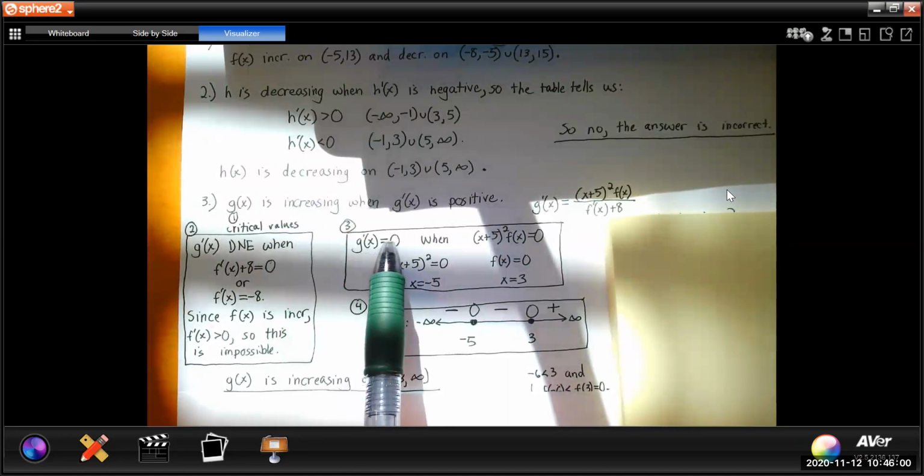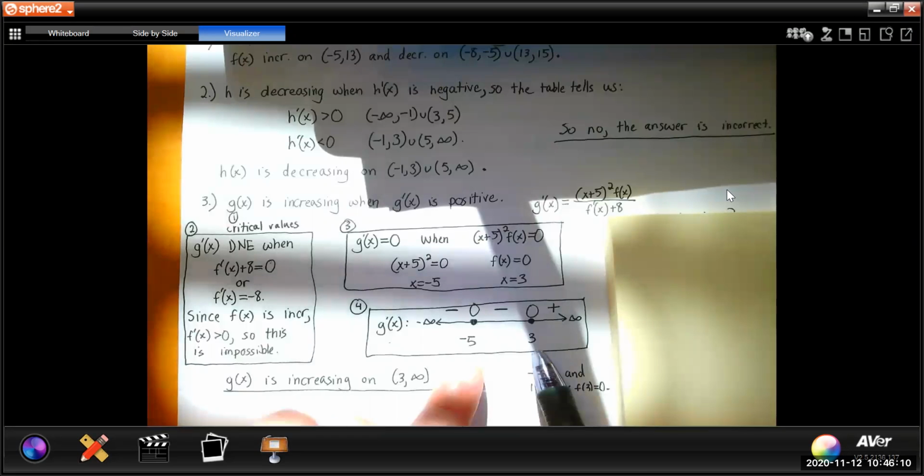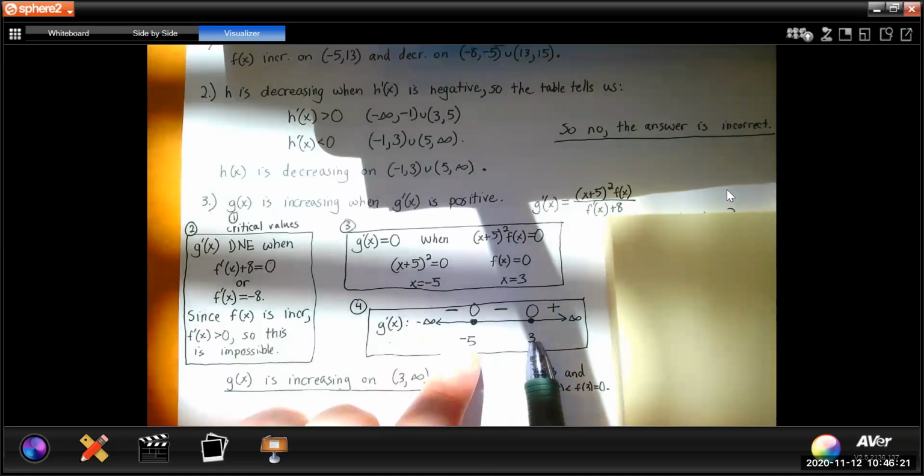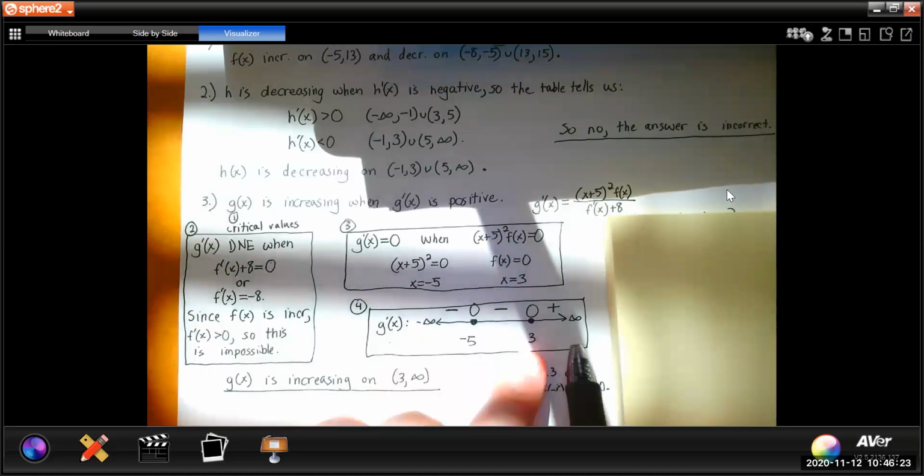That means literally every other single value of x in the domain of g is going to be either positive or negative. So finding these values of negative 5 and 3 allows me to say anything that's less than negative 5 is either positive or negative. Anything that's between negative 5 and 3 is positive or negative. Anything that's bigger than 3 is positive or negative.